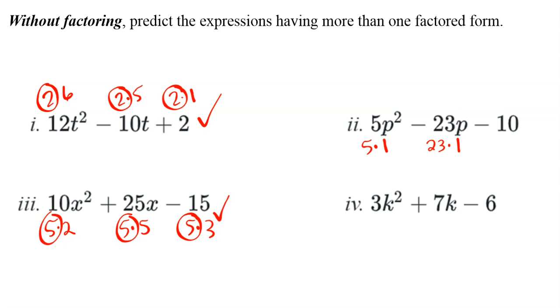So this one is simplest. So this one may not have more than one factored form. So this one is a no. And then 3, 7, and 6, 3 times 1, 7 times 1, and so this one's a no also. So when you cannot pull something out, you just go right ahead. If you can pull something out, pull it out and then factor it.